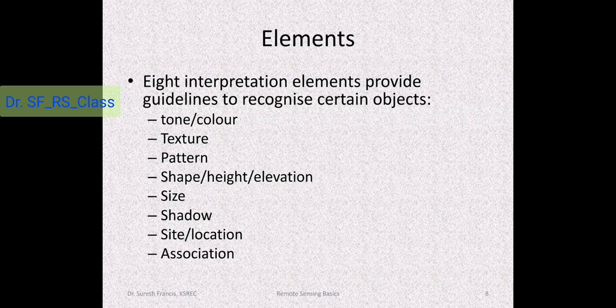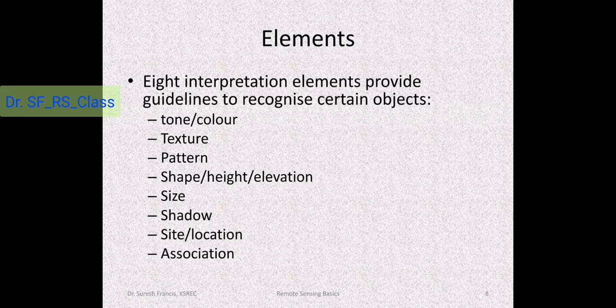And the other one is the site and location. The site and location is an associated characteristic, which is, some objects will be seen in some type of site or location. Suppose you can see there will not be any snow in Kerala, snow will be there in the Himalayas. So if you find snow, it will not be in the Kerala terrain. So the site and location changes. So it depends on the site.